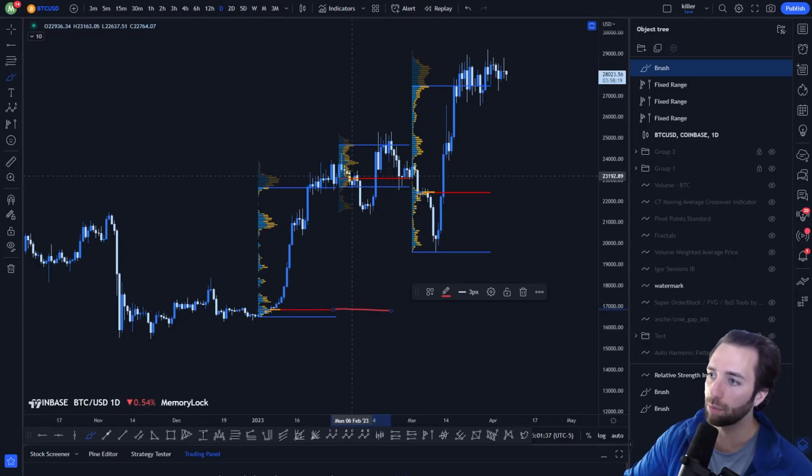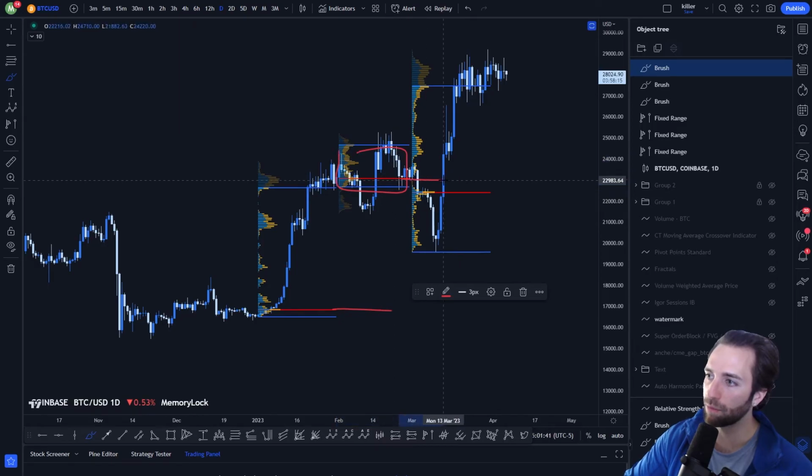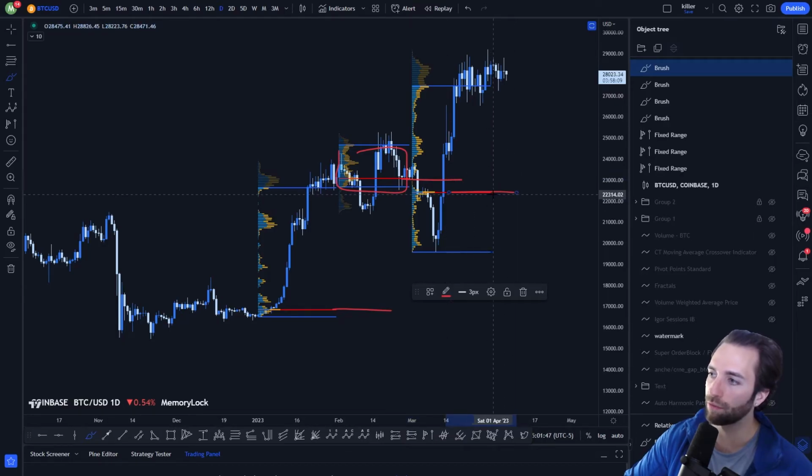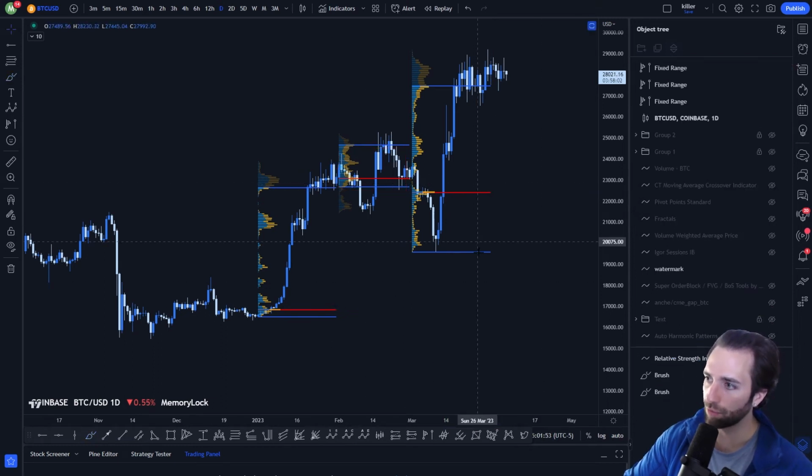Okay? Same could be said here. This is the value area for February. This level is where the most amount of volume was traded in February. This level is the most amount of volume that was traded in the month of March, right? So these are our point of controls for January, February, and March.